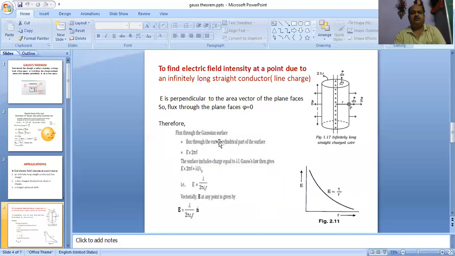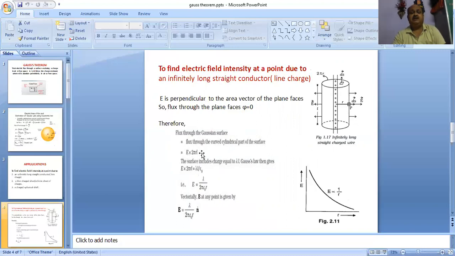Therefore, flux through the Gaussian cylindrical surface will be equal to flux through the curved cylindrical part of the surface only. Phi equals E S cos theta. So theta is 0 degrees here. You can see here the angle between E and dS on the curved surface is 0 degrees.